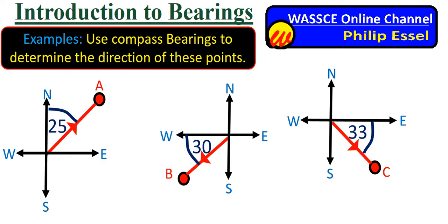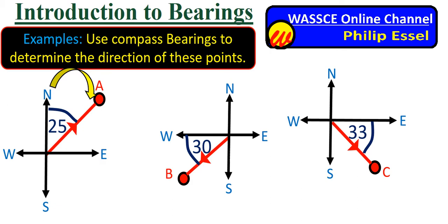So clearly, point A will be at a position northeast. But the question is, we need to know the exact location of point A in terms of angle. As you can see from the screen, when you move from the North Pole towards the East Pole, A is located at the angle 25 degrees.